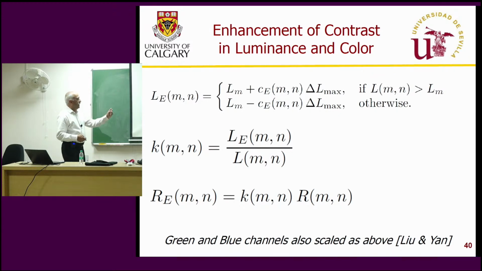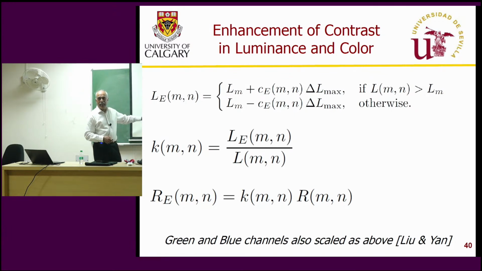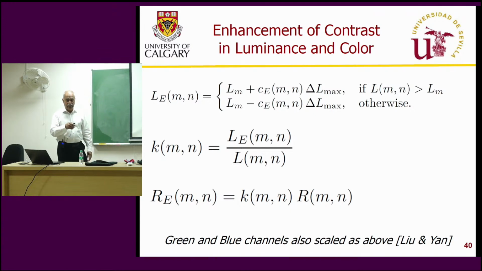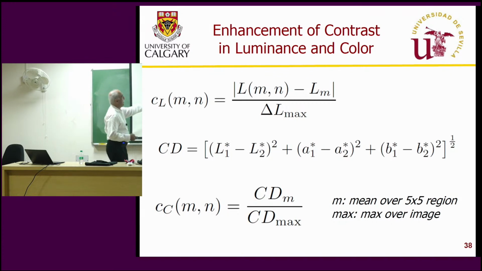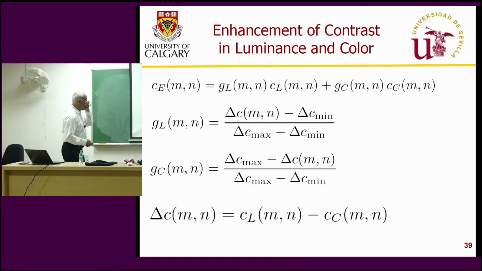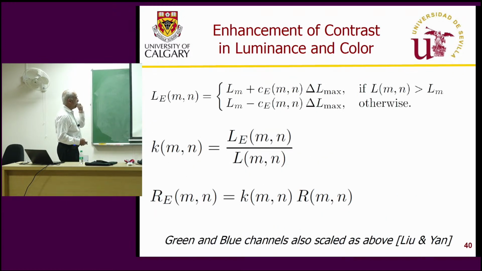So eventually the multiplication of this factor is done separately, channel by channel, RGB. But they are computed using both color and luminance contrast. So both are enhanced using all of these differences and gradient measures computed, and contrast measures, simultaneous contrast measures. You can call this also simultaneous because you're comparing two values. So this was based on a paper by Liu and Yan.